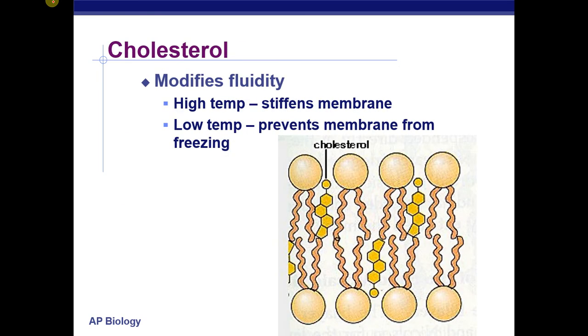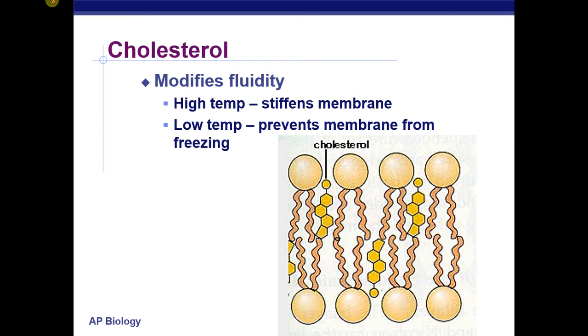One of the other things that's important in the cell membrane is the cholesterol molecule. And it helps the plasma membrane maintain its fluidity. So, for example, at high temperatures, cholesterol stiffens the plasma membrane so that it doesn't become all jelly-like in that high temperature and completely lose its stability.